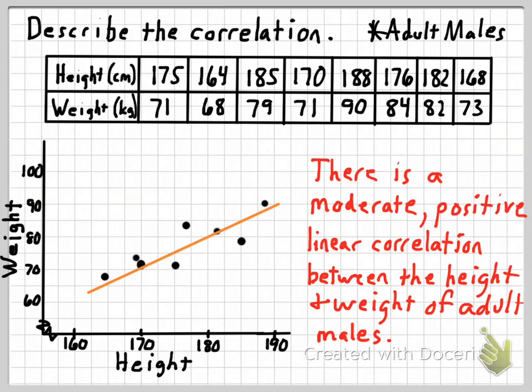One quick note that I want to make here, and this is something that people don't think about all the time, is that correlation between two data values or between two variables is not the same thing as causation. And let me put this in the context of this problem right here.